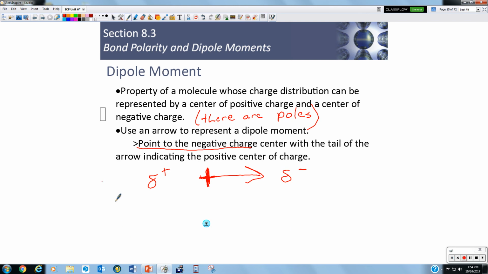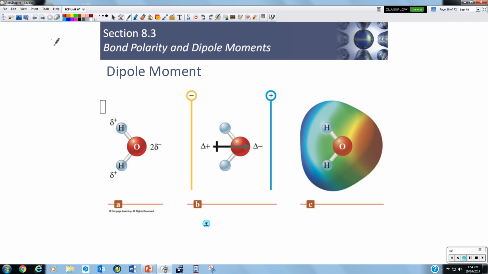All right. So let's move forward with this. There are different ways that we represent it. All I'm really wanting to do on this is show you how the arrows go. Looking at a water molecule, we have a partial positive on the hydrogen and a partial negative on the oxygen. So which way am I going to draw the arrow?